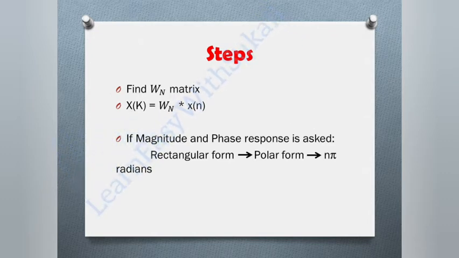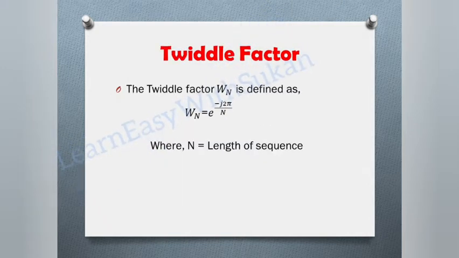If in the question they have asked us to plot the magnitude and the phase response, then first of all we will have the answer in rectangular form, so we have to convert it into polar form. And in order to plot the phase response, we need the answer in terms of pi radians, so convert that into multiples of pi radians. To know how to convert all these things, go to my previous video.